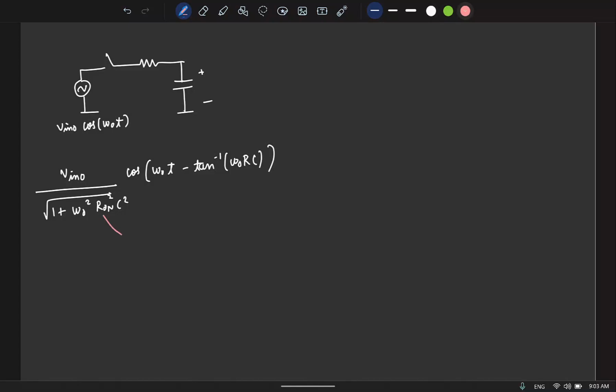And here the on resistance is a nonlinear function of the input, so the overall output will be heavily nonlinear. But this is not particularly a problem if you are dealing with held signals like this. Even here the signal is varying over time, but in one clock period, for the period for which the switch is on, the input doesn't change.